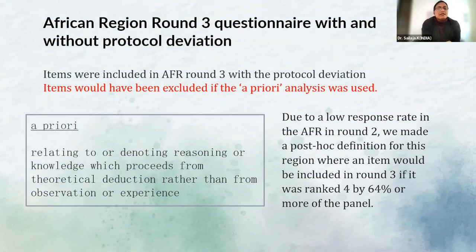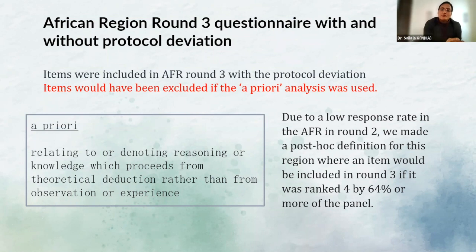I told you there is a deviation. In the African region, round 2 had a lower response rate, so a post hoc definition was done for this region: an item would be included in round 3 if it was ranked 4 by 64% or more of the panel.